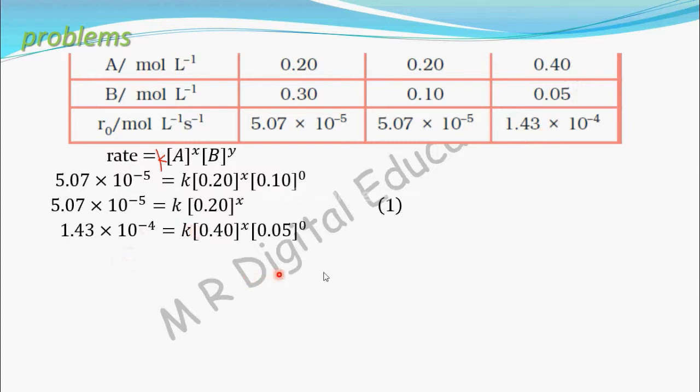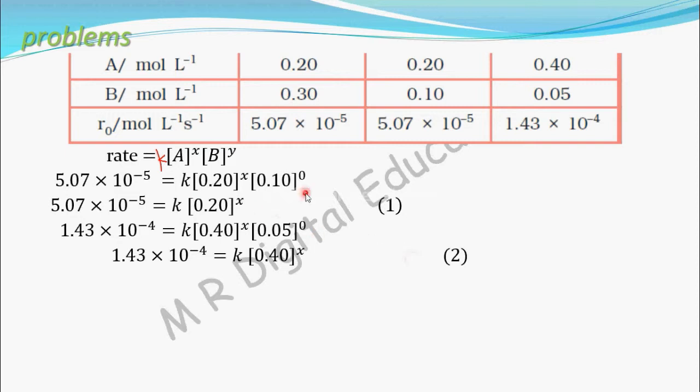Keep k as it is, and concentration of reactant A is 0.40 to the power x, and concentration of reactant B is 0.05 to the power 0, because we just found that order with respect to B is 0. Now this term will become equal to 1. So what remains? 1.43 into 10 to the power minus 4 equals k into 0.40 to the power x. Call this equation 2.